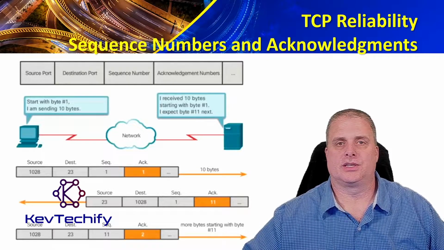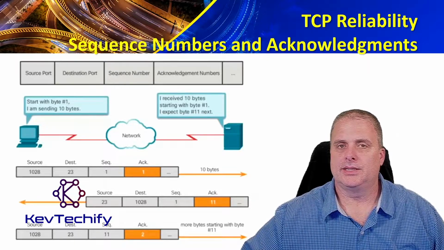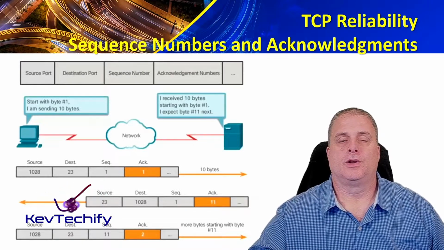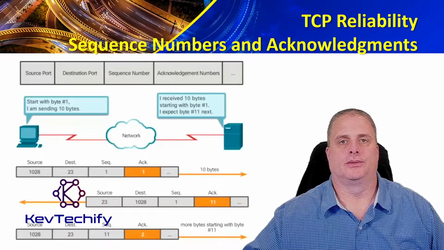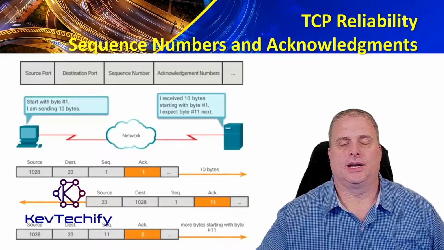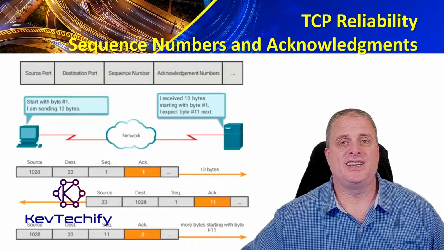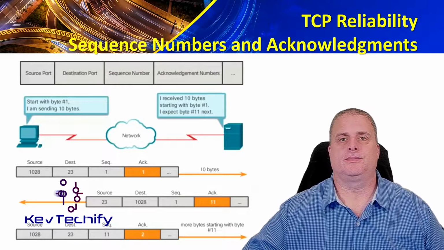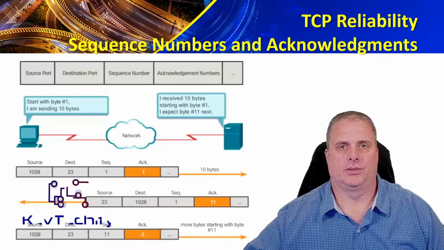Another characteristic of TCP is that it is a reliable protocol. There are two things that make it reliable. Those two things are sequence numbers and acknowledgments. Every TCP segment that is sent in a TCP conversation gets a sequence number.